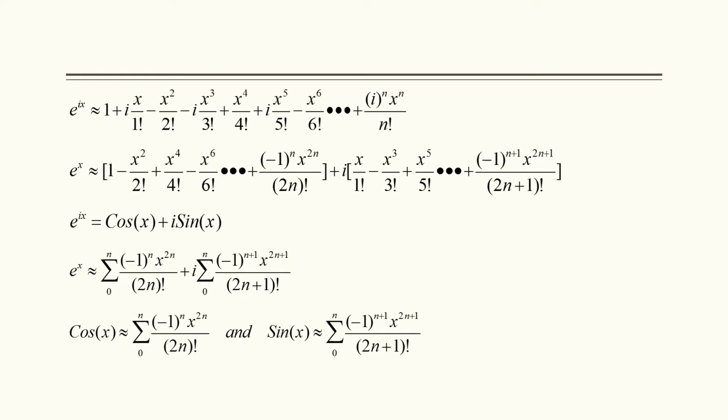And we could conclude that cosine x is equal to the power series from 0 to n of minus 1 to the power of n times x to the power of 2n over 2n factorial, and sine x is equal to the power series from 0 to n of minus 1 to the power of n times x to the power of 2n plus 1 over 2n plus 1 factorial.